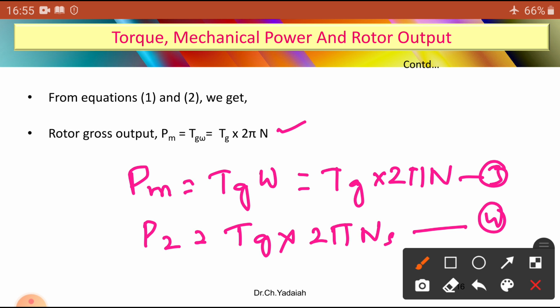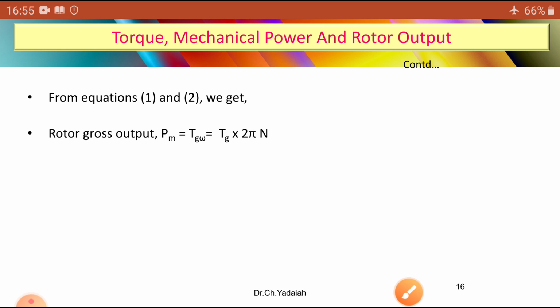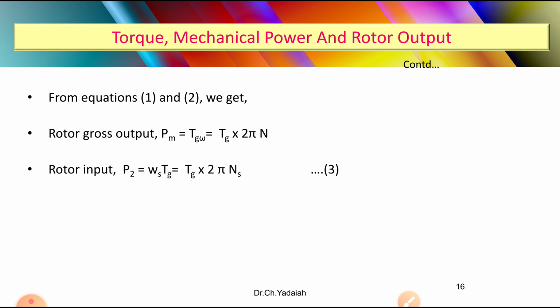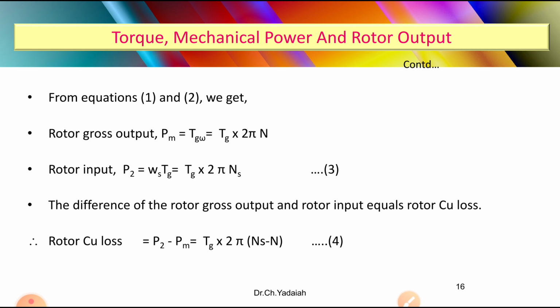The same thing we are writing in terms of Tg, the gross torque, in terms of rotor input and rotor output. The rotor output is in terms of N, and the rotor input is in terms of Ns, the synchronous speed. That is the only difference. You can see the third and fourth equations. The difference between the rotor input and the rotor gross output equals the copper losses.